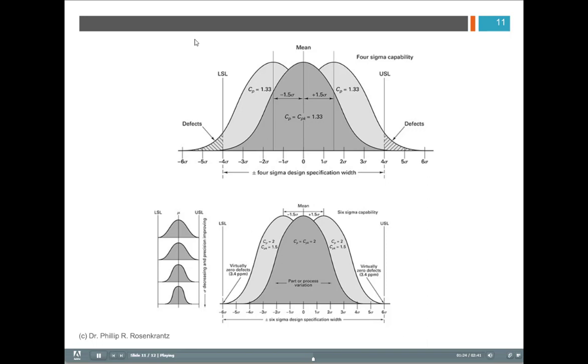Now 3.4 defects per million pieces isn't very much. This is almost perfect quality.